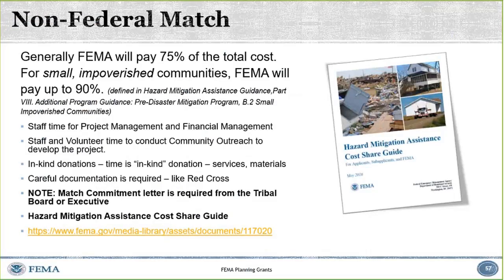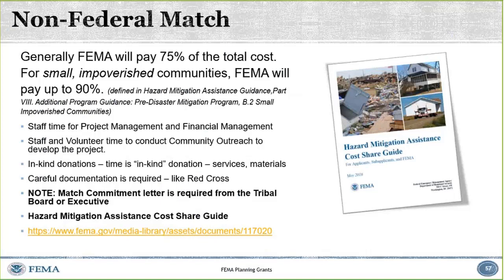Non-federal match. Someone was thinking ahead, and I'm really glad that we have an opportunity to talk about this a little bit more. Here's some typical things that we see and we encourage tribes to consider as their match. Again, the typical PDM grant is 75 fed, 25 non-fed.